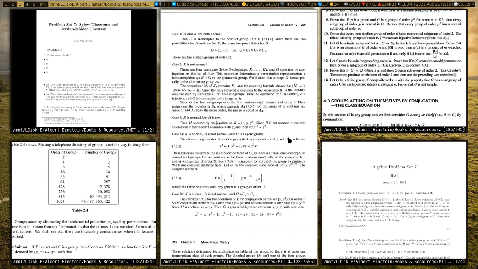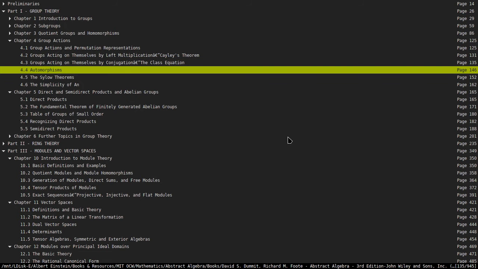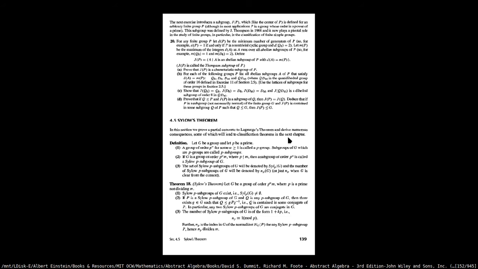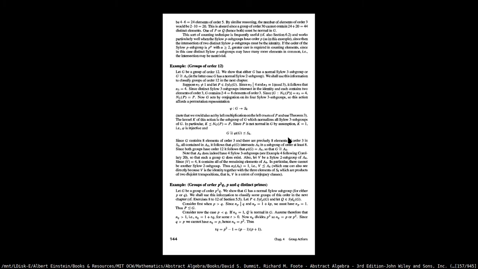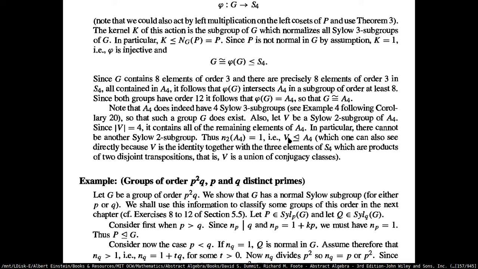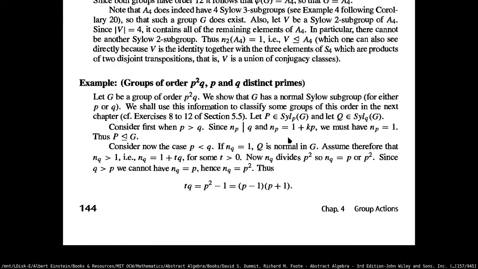Right, so there are two examples on page 144, and the first one is what we saw in Artin. Order 12, right? The same proof, exactly, nothing different. Looks briefer, which isn't necessarily good. But the second one is about p squared q. So this will solve 18 and 20 for us. I'm not sure about the notation.